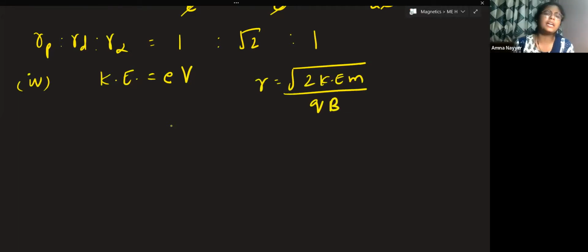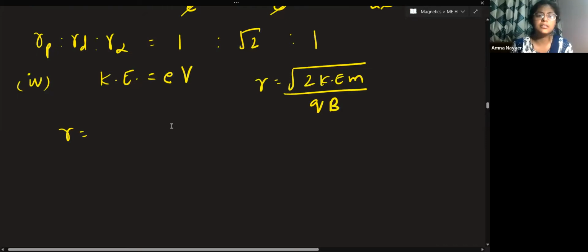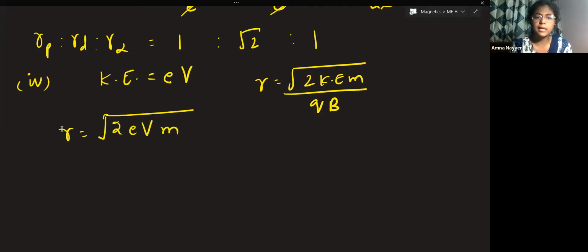Put the value of kinetic energy as charge times potential, Q V. So this comes out to be root 2 Q V M divided by QB. Fine class?